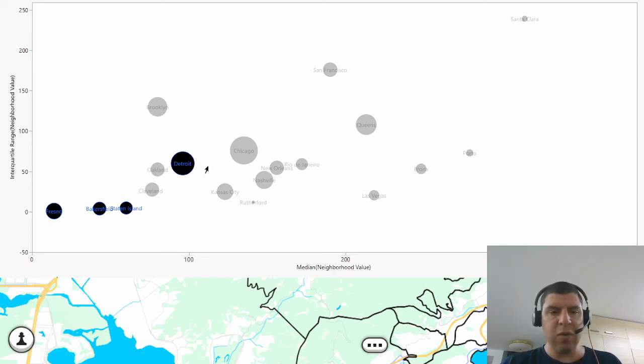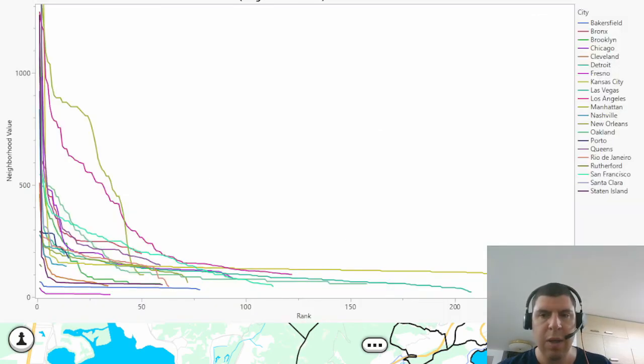But based on its relatively higher interquartile range, this means that there are quite a lot of areas in Detroit that are more expensive, and a number of areas in Detroit that are very, very cheap. So if you're looking at the middle of the pack neighborhoods, it seems to be quite on par with some of these other cities in Upland.